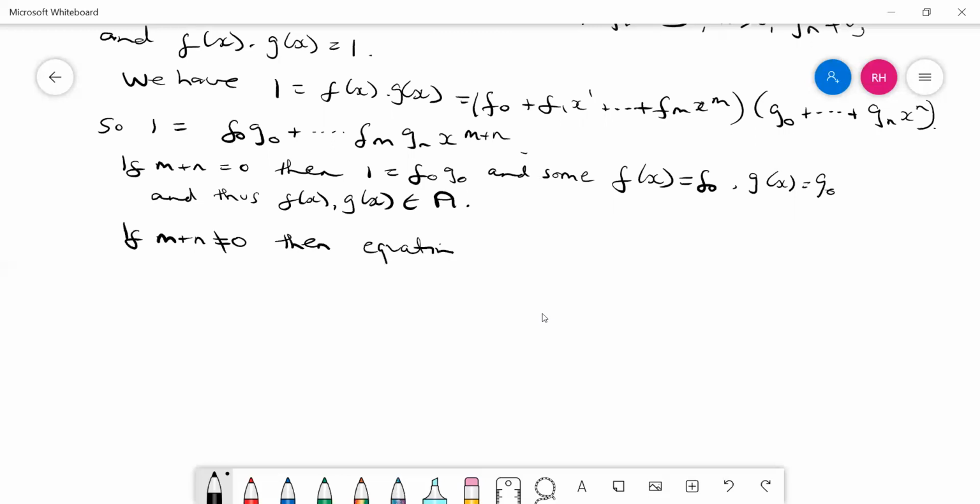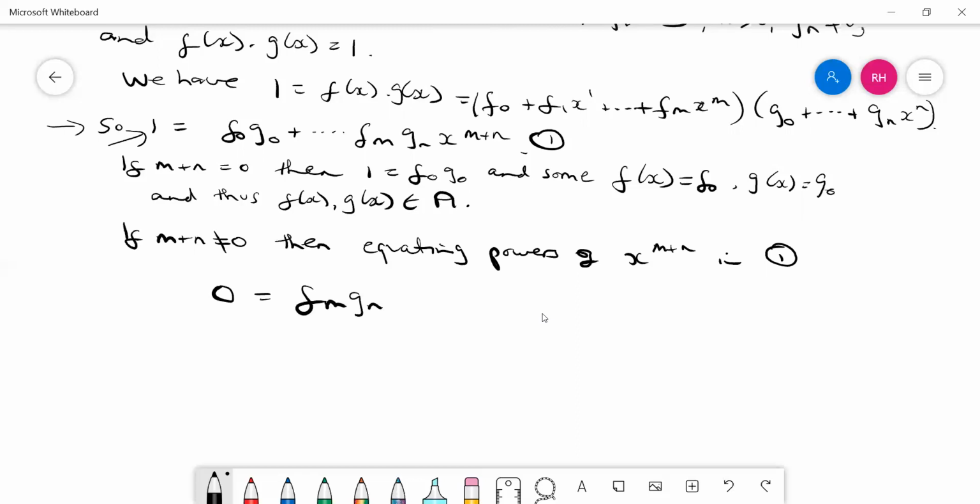Equating powers of x to the m plus n in this equation here, on the left-hand side we've got 0, and the 0 is the power of x to the m plus n there, and so that must equal fm gn.